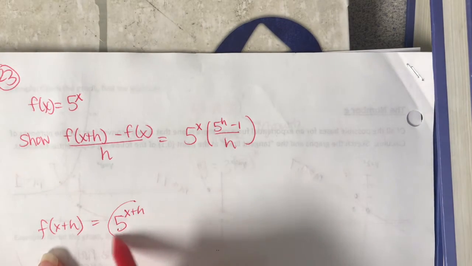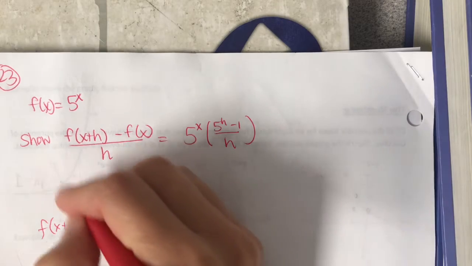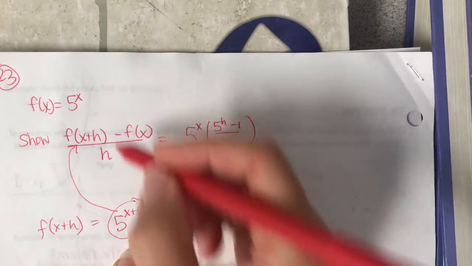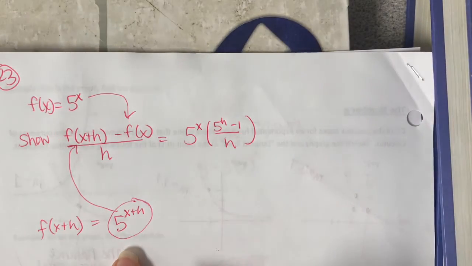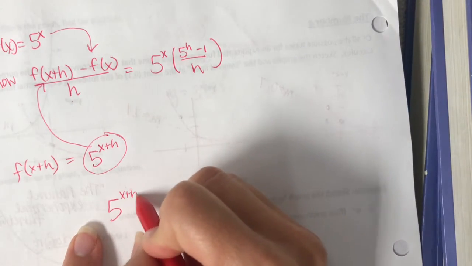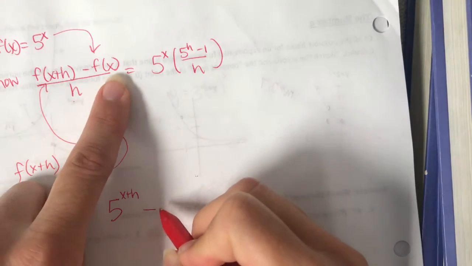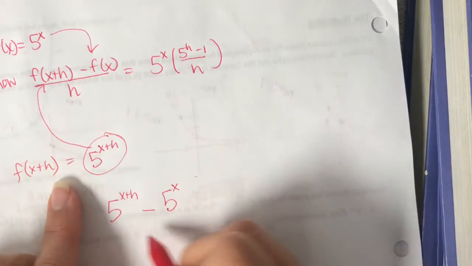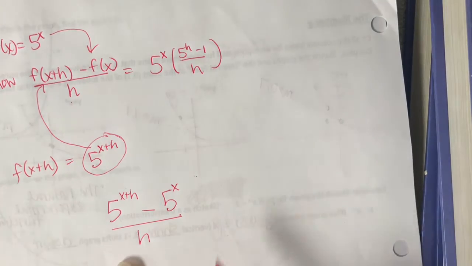So we're going to insert this right here. We're going to insert 5 to the x right there, and then h just stays h. So instead of writing f of x plus h, I'm going to write 5 to the x plus h minus 5 to the x all over h. And I'm trying to prove that that equals this.